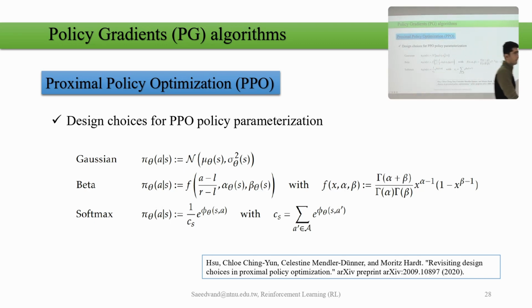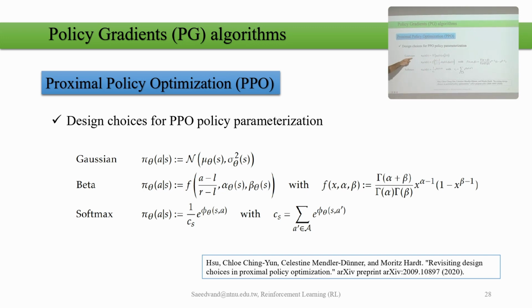So, not only that, PPO allows design choices for different parameterizations, and the parameterization can be Gaussian here. The policy pi can be represented in Gaussian form.